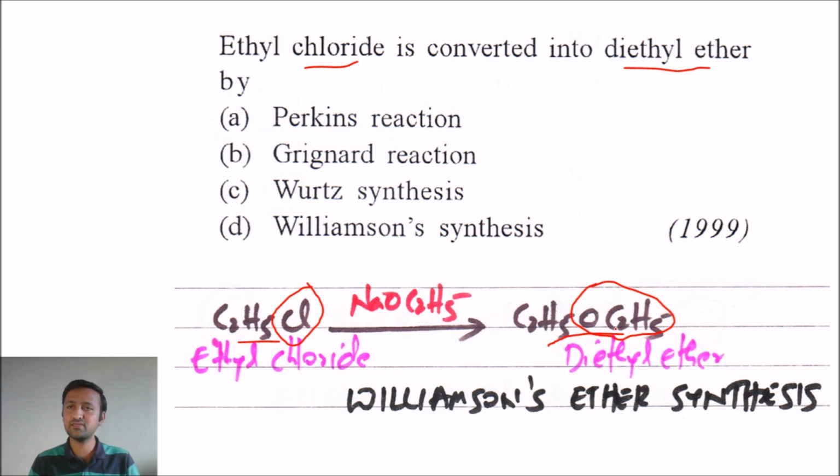To get ethoxy, we should take a reagent, and that reagent is sodium ethoxide. We already know the reaction of alkyl halides with sodium alkoxide to form ethers is called Williamson's ether synthesis. That's a direct question. So the right answer is Williamson's ether synthesis.